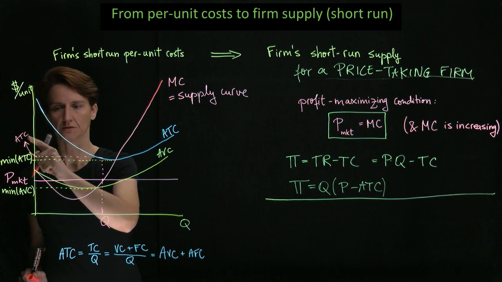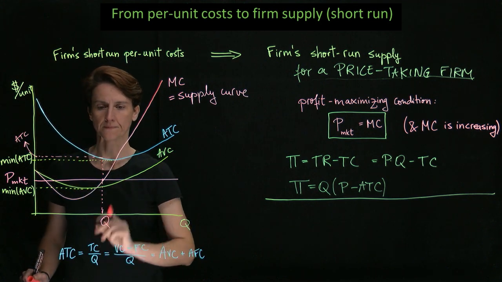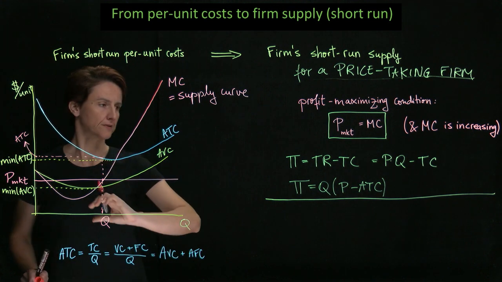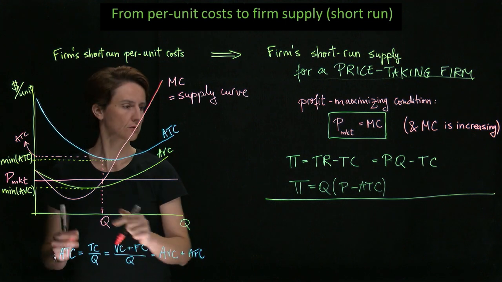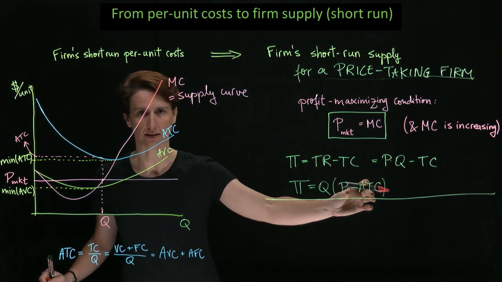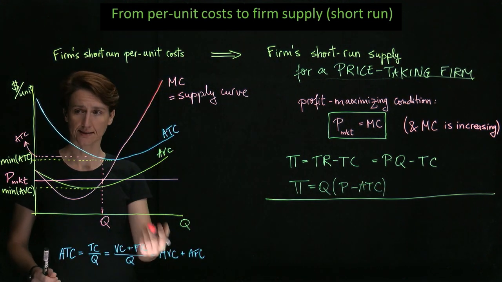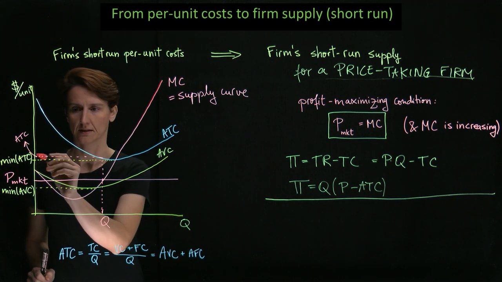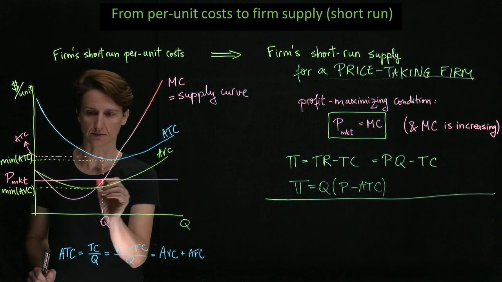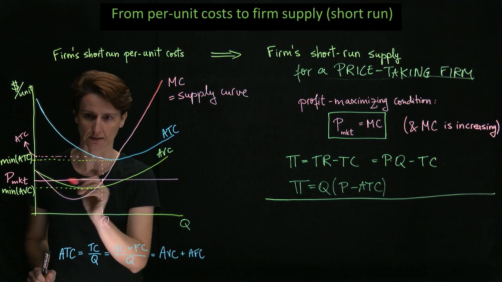So that's the average total cost at this output level. Then for profit, we're going to again multiply Q, the amount of output, with the difference between price and average total cost, except that now average total cost is above price, so this will be negative. So profit will be this rectangle, but it will be negative.